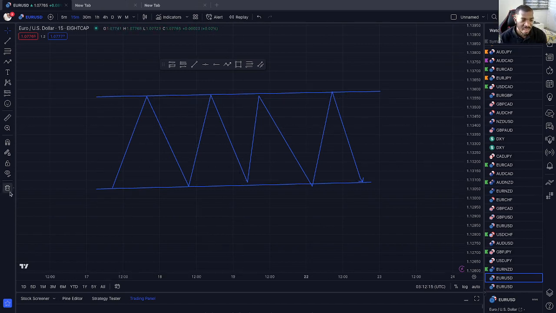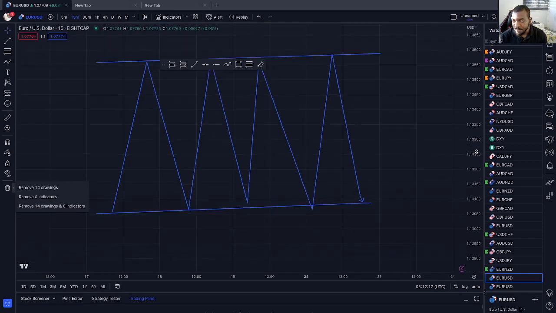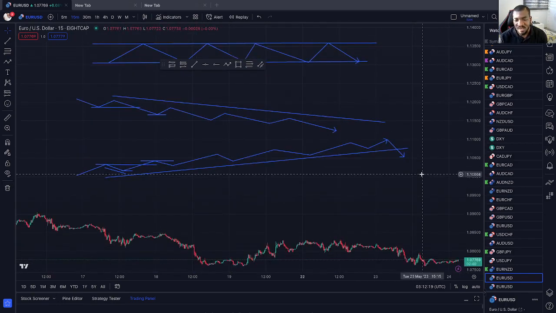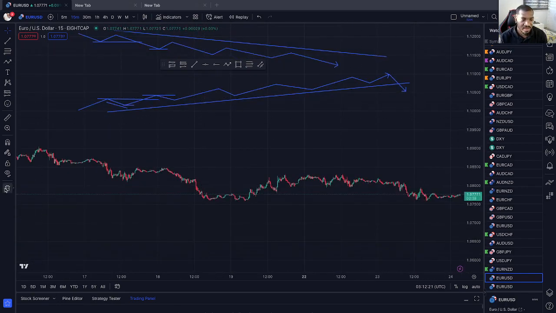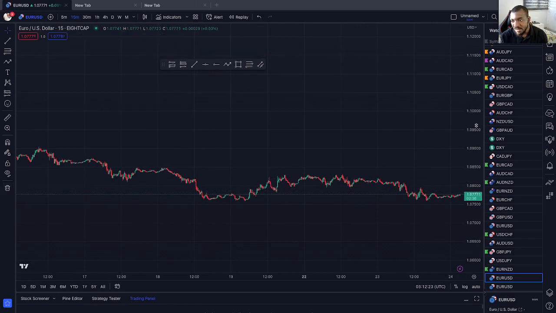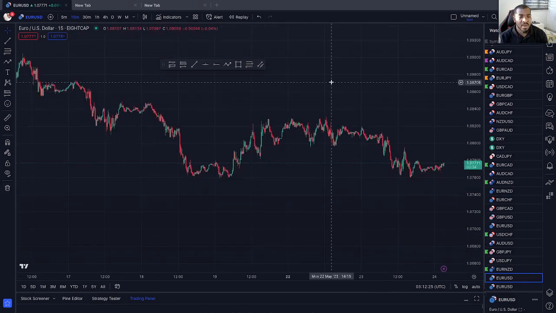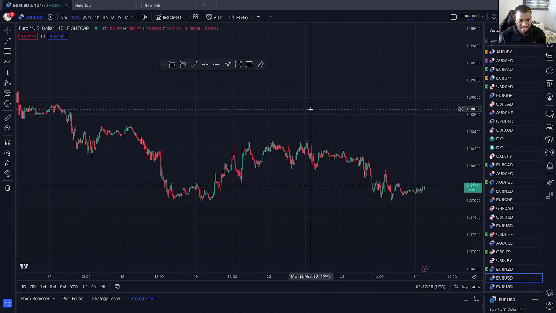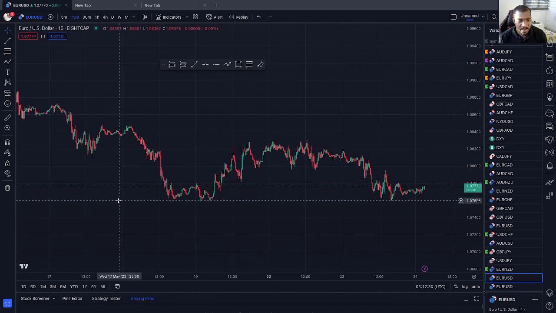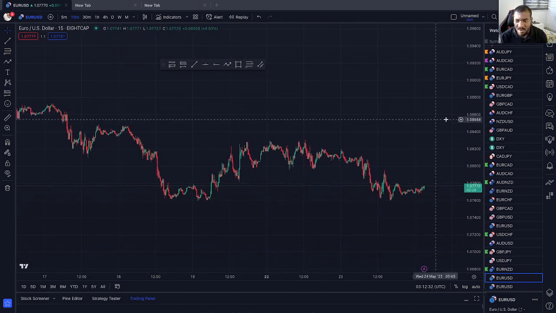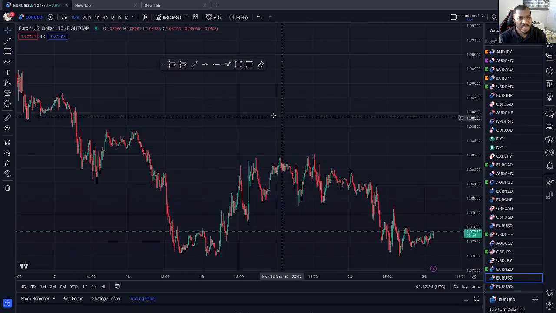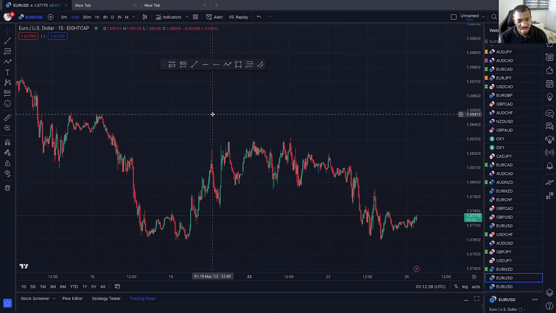So now we have to dive back to our chart to understand what we have here. Let's delete all we've explained. Right now we are on our EUR/USD 15 minutes chart, and we have to understand what is really going on in this market.